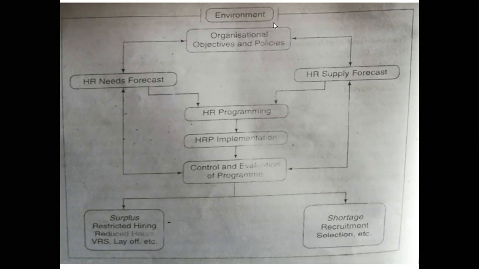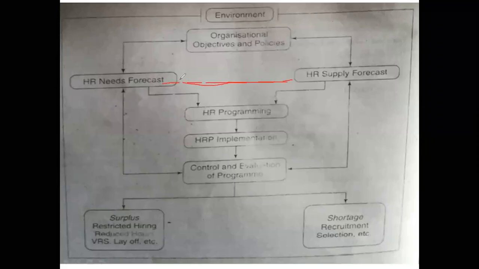So based on comparison between the two, reconciliation between the two, you will estimate the number of vacancies that are going to arise in the near future. Okay, they should be filled with the right number of people at the right time. Okay, so this is the third step.